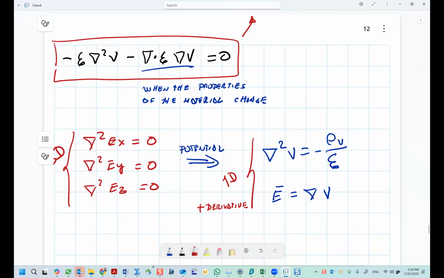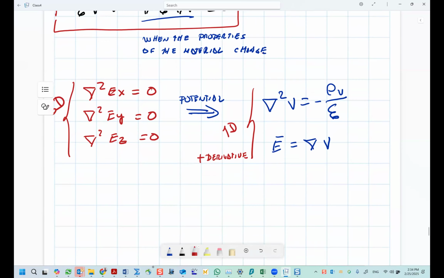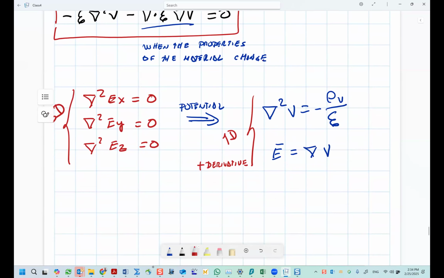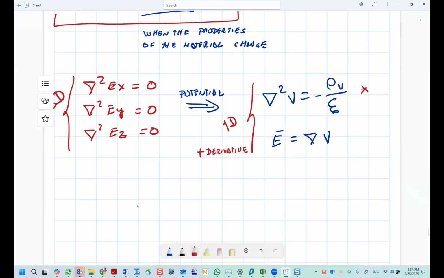We don't care. But if you have a true 3D problem, electrostatic, it is much better to solve one differential equation than 3 differential equations, and then just take the derivative.